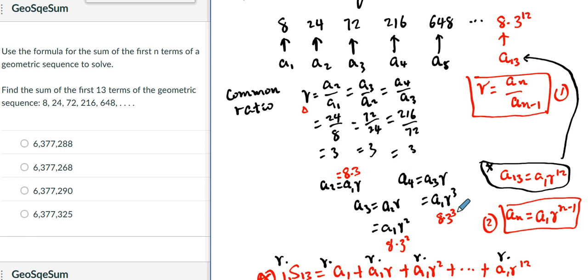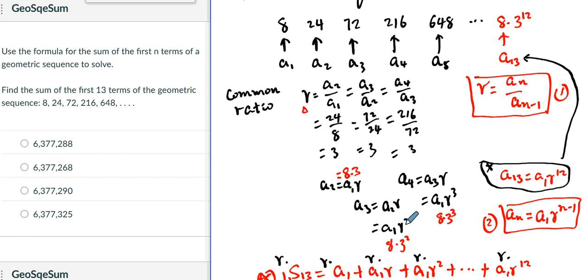Then you can see right here, starting with the first term A1, the second term is always the first term times R with the exponent 1. The third term is always the first term times R squared.